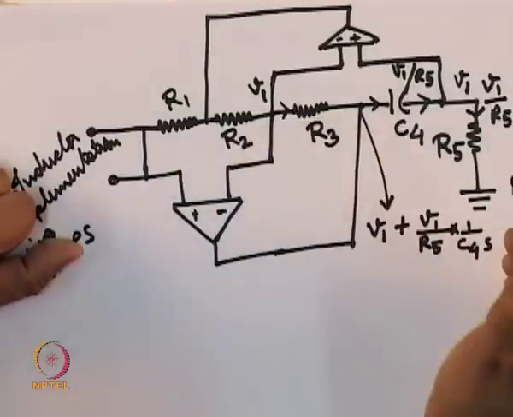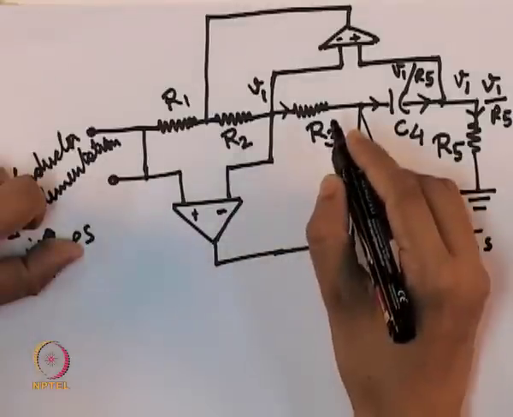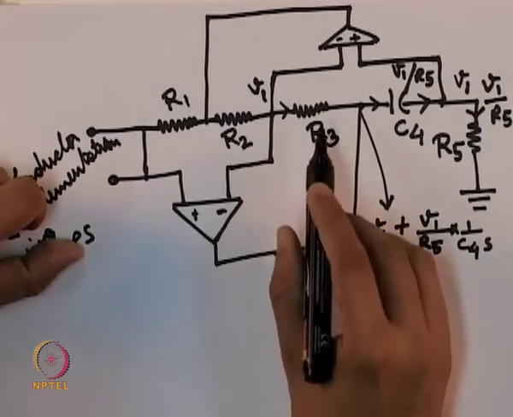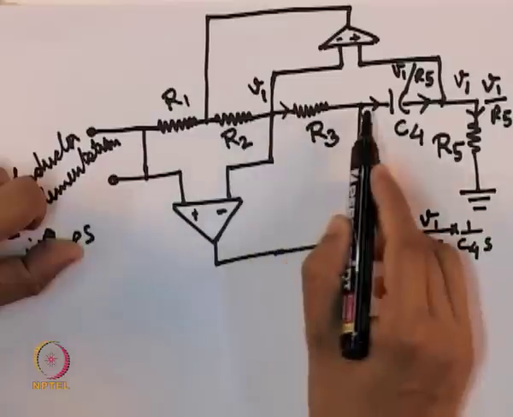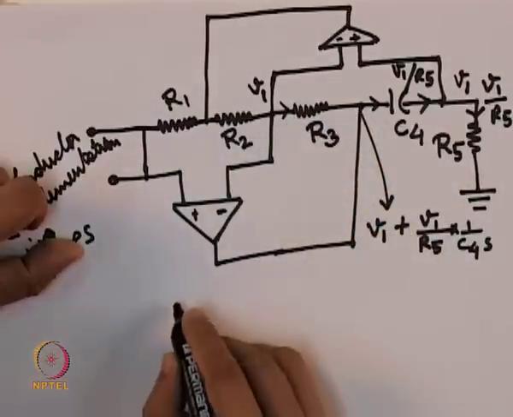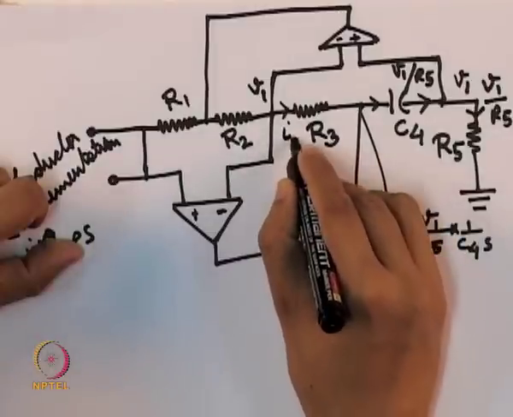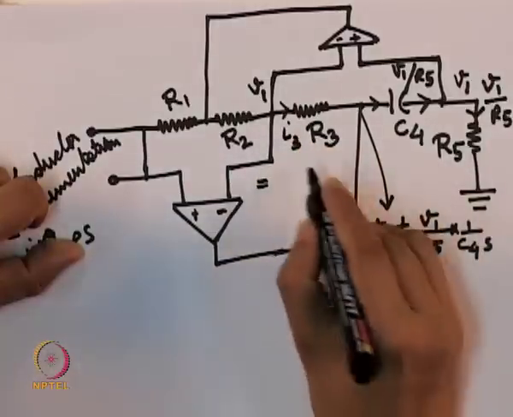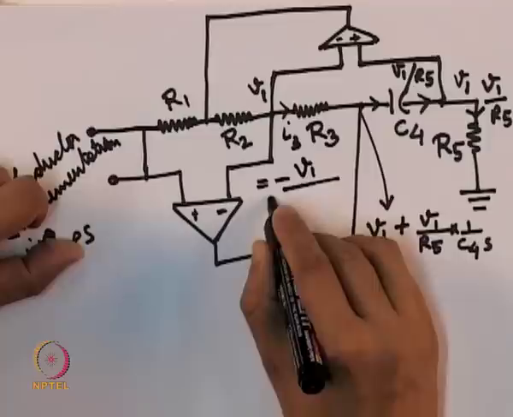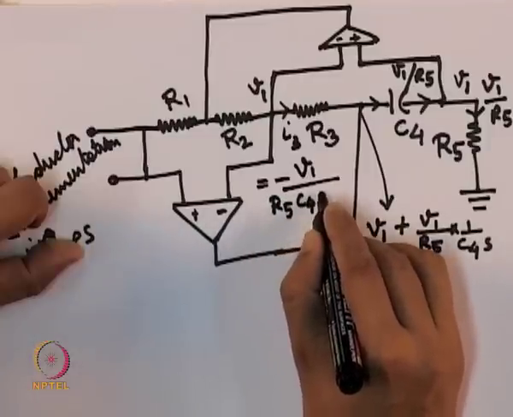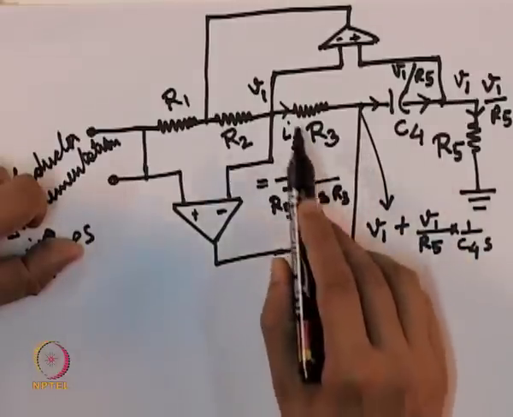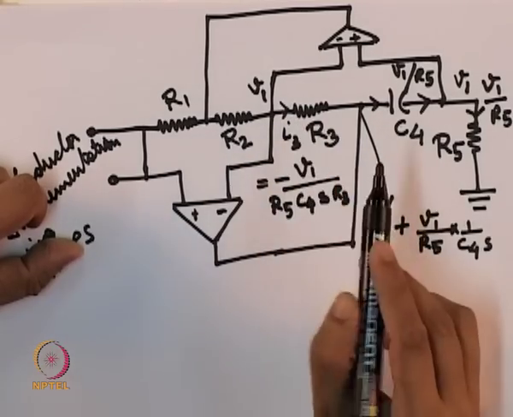If I consider the current to be in this direction, then this current will be the voltage difference between these two terminals divided by R3. So, this current, say I3, is given by minus V1 upon R5 C4 S R3. This is the voltage difference between these two terminals divided by R3.